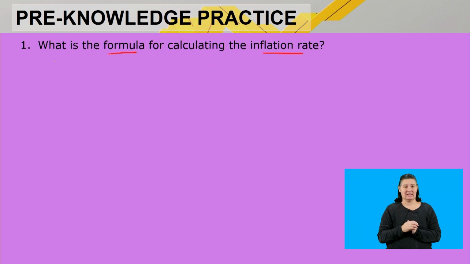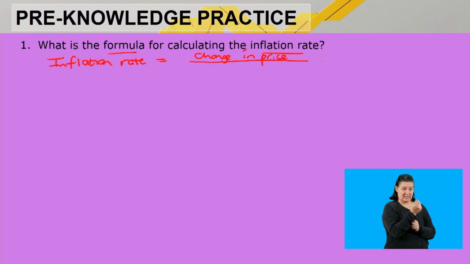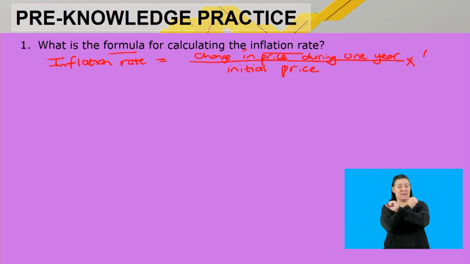Inflation rate equals the change in price, normally over a period of 1 year, divided by the initial or original price of an item, multiplied by 100 over 1, or 100% for that matter.